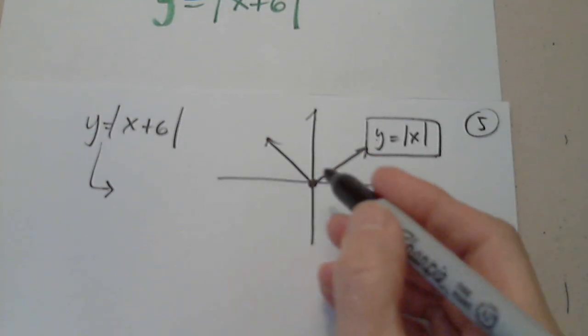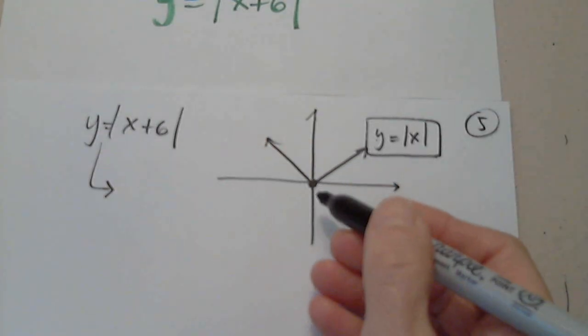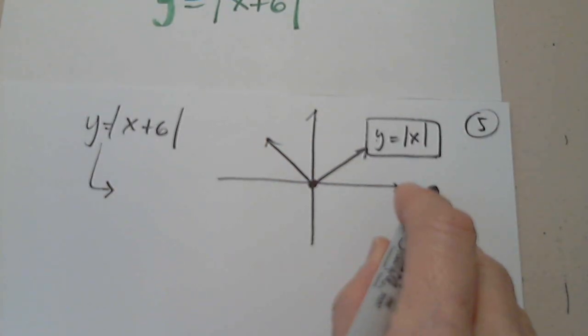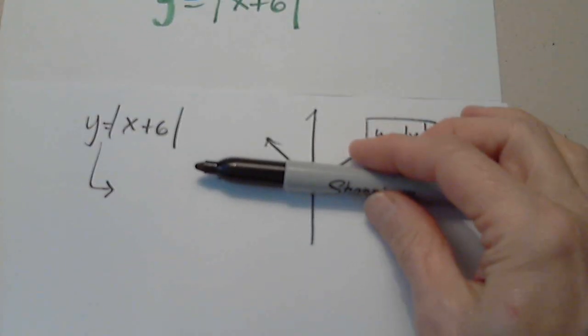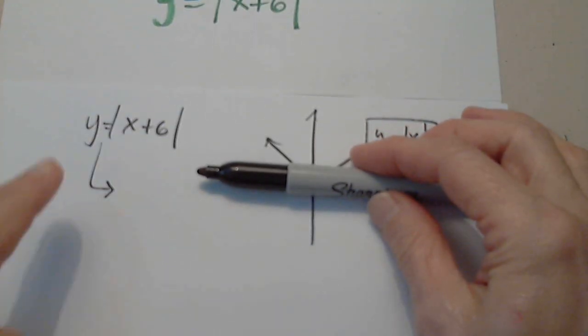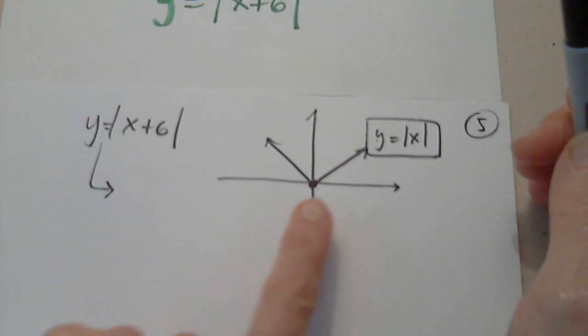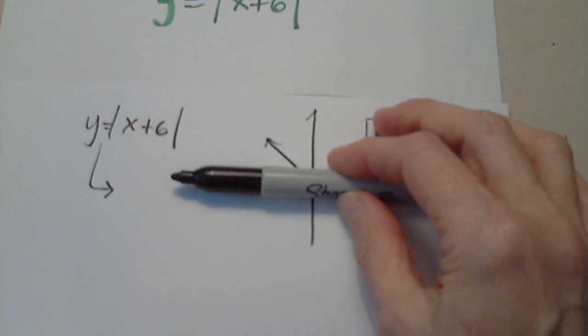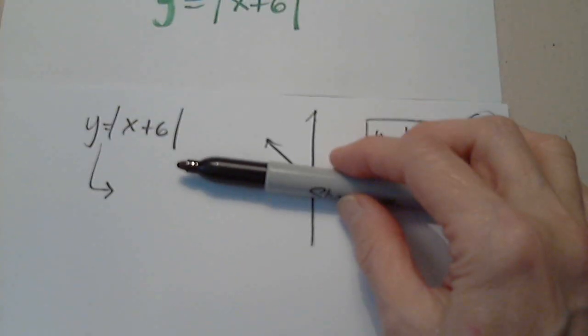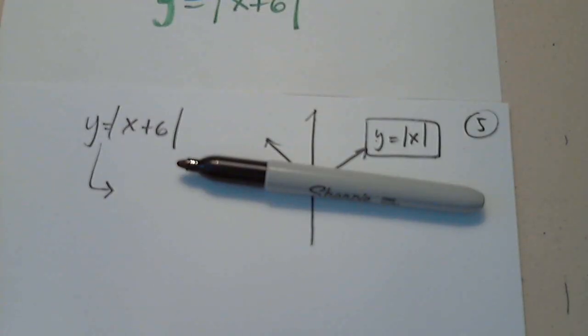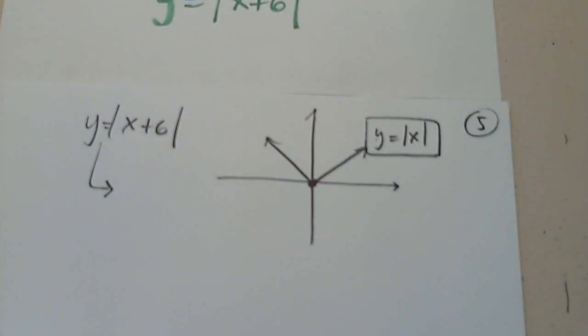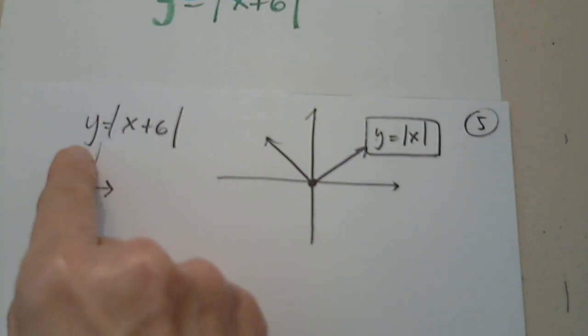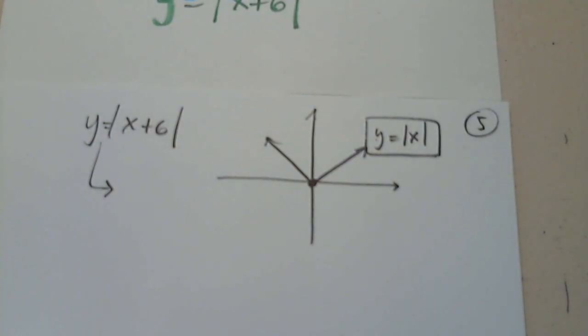Does it go to the left or does it go to the right? It stays on the y-axis, y is 0. What makes y 0? Which x makes y 0? And there is only one. Negative 6? Indeed.